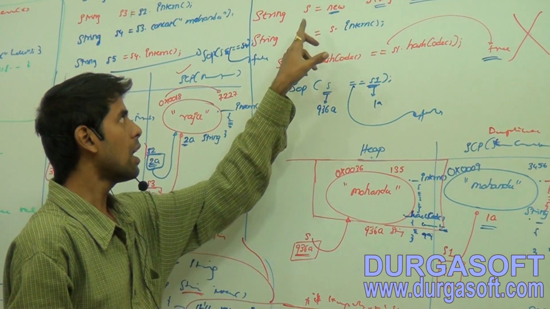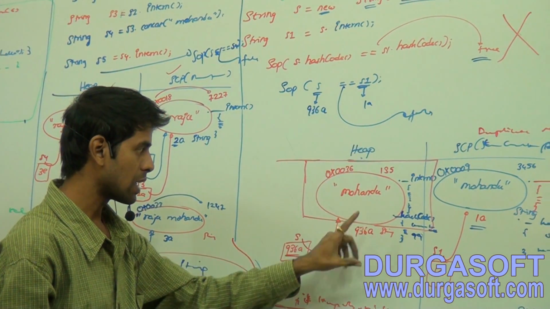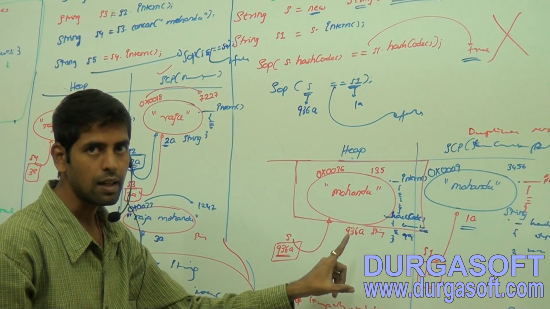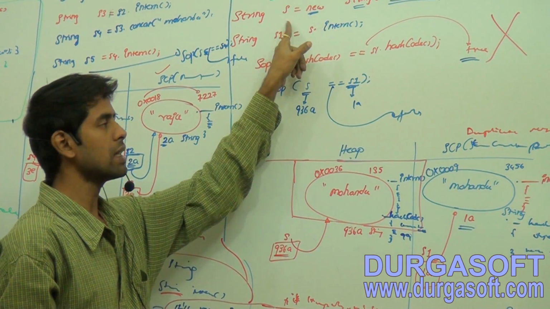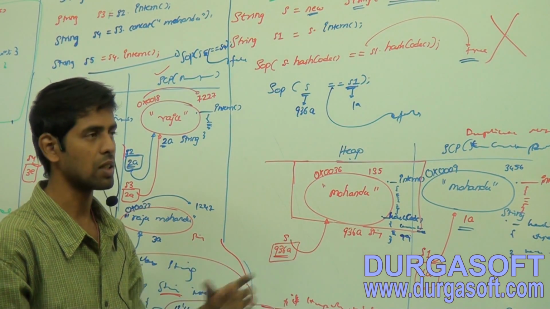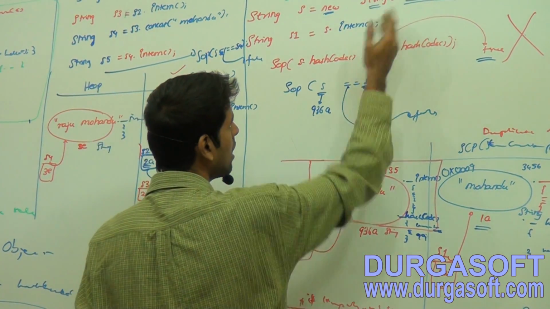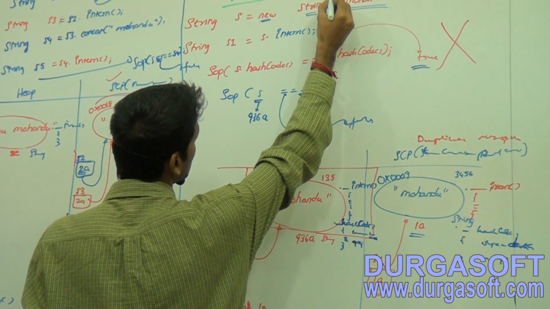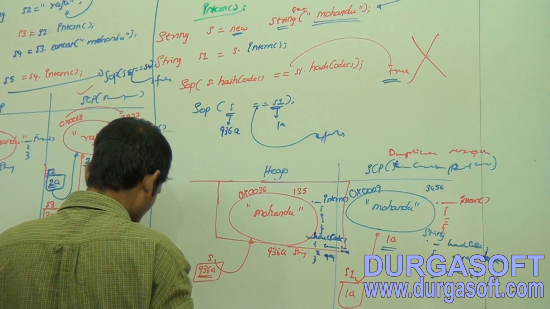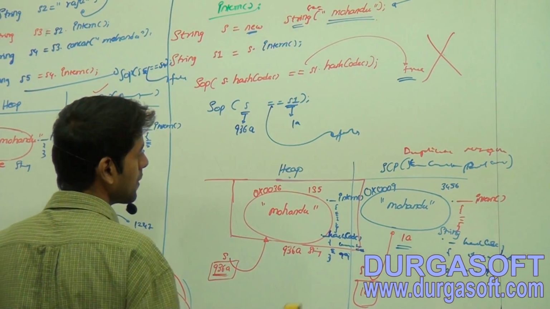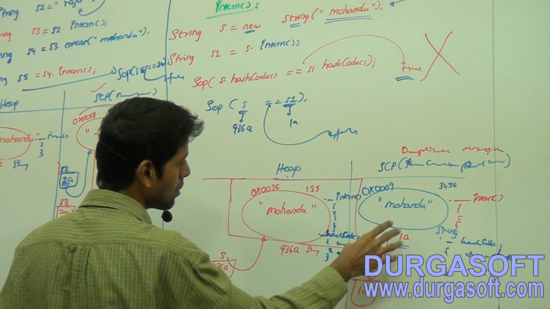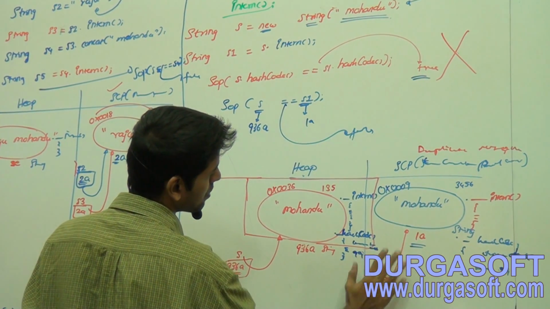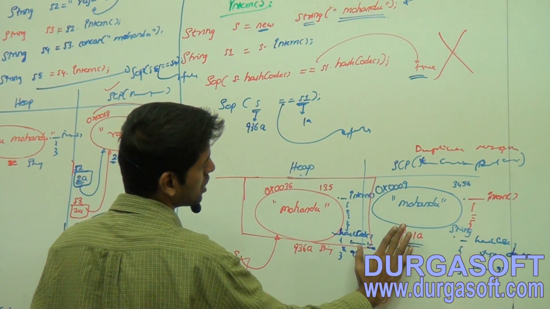Getting? And now this object created at SCP area, its reference value only will be assigned to s, yes, this is internal implementation. Simple thing, for this literal, are you assigning any value to a variable? No, you are not assigning. That's why it is kept as it is, and its reference value is not assigned to anything till now. This is because of some other statement here. We will check that one later.